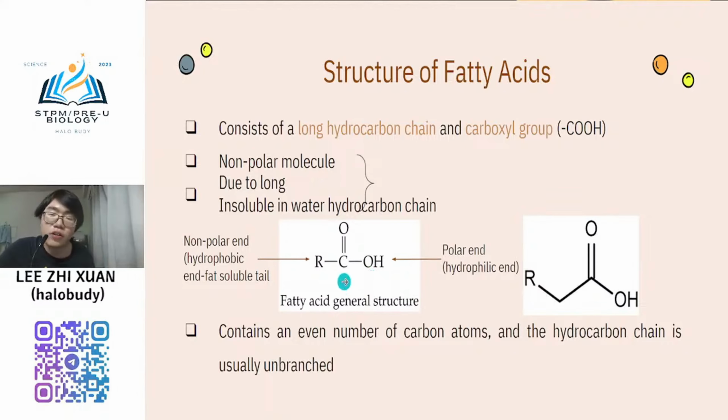R will be the hydrocarbon chain, a very long hydrocarbon chain. In fatty acid, there is no fixed hydrocarbon chain, but different types of fatty acid will have different lengths of carbon chain, normally 9, or even 10 or more than 10 carbon in one hydrocarbon chain.